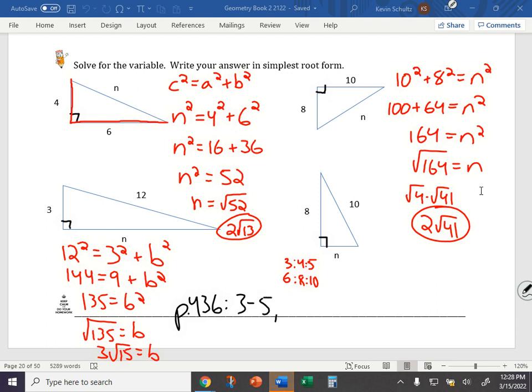This is all finding the hypotenuse. Then on page 437, 14 through 16. This is finding legs.